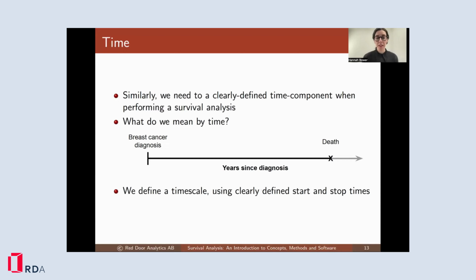So we define a timescale using a very clearly defined start and stop time, and the stop time is defined by our event and also something called censoring, which we will cover in one of the sections later on in the course.